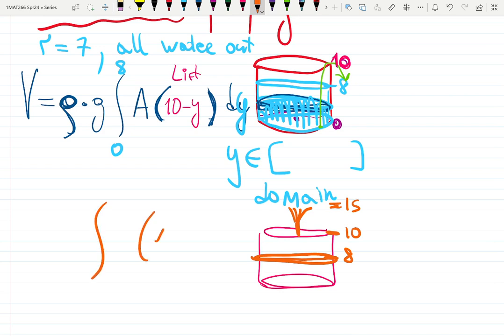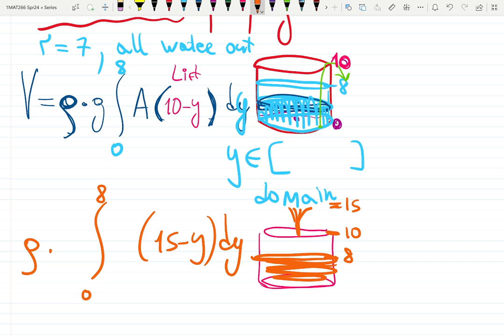Integral of 15 minus y. And it is still from 0 to 8, because as I mentioned, it's the domain for the water. But each slice is being lifted up to 15. So y goes up with a shift. There's a rho and g. And now the only thing is, what is happening with A?